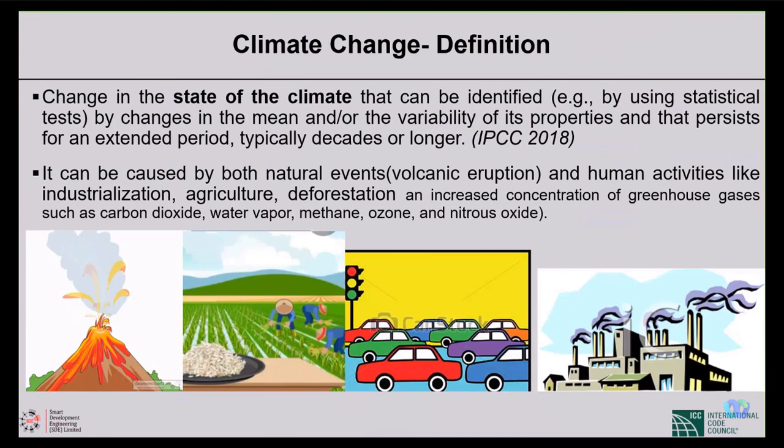There are definitions in the IPCC, but the major thing to understand about climate change is this. You have a winter time and a summer time, for example, and a gradual change between summer and winter.